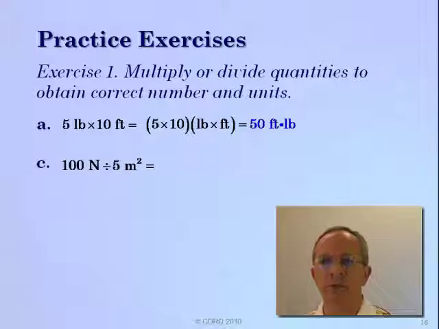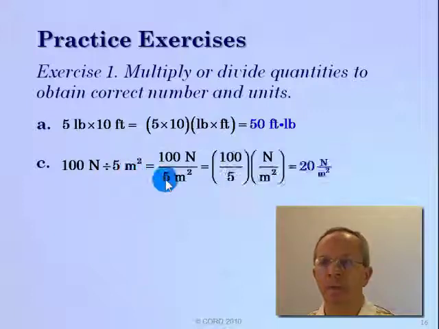A second problem would be 100 newtons divided by 5 meters squared, which we could write as a fraction of 100 newtons divided by 5 meters squared. We will pull the values out, pull the units out, and evaluate the values and evaluate the units.